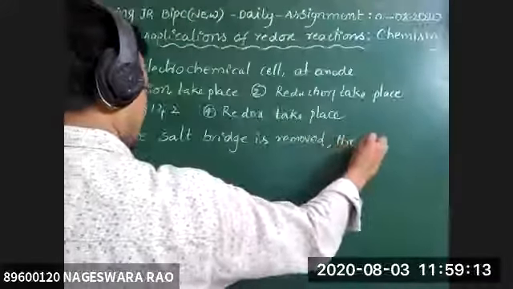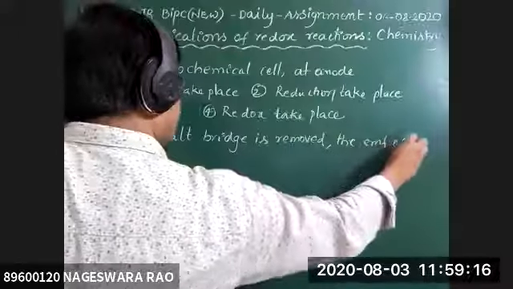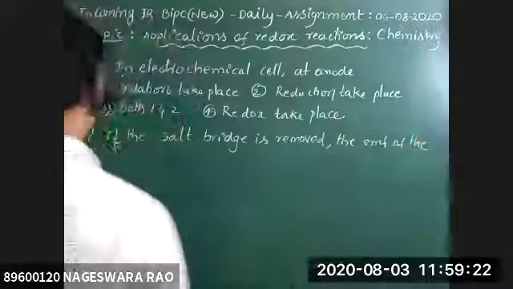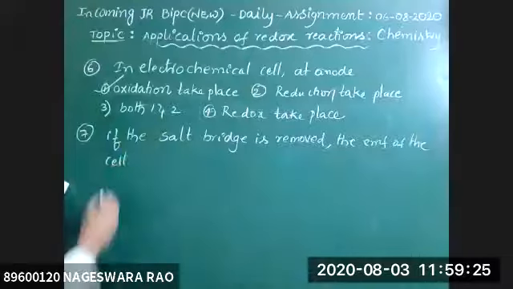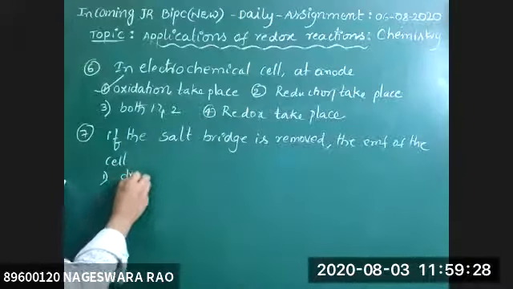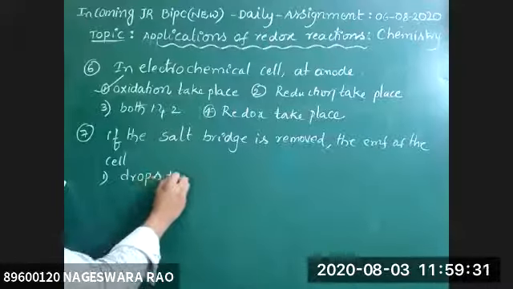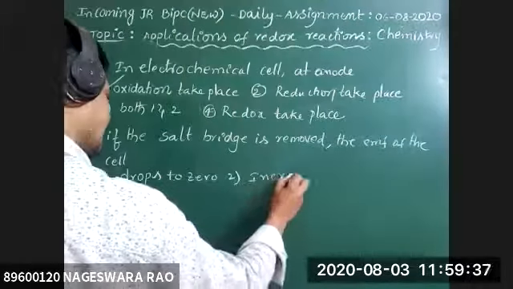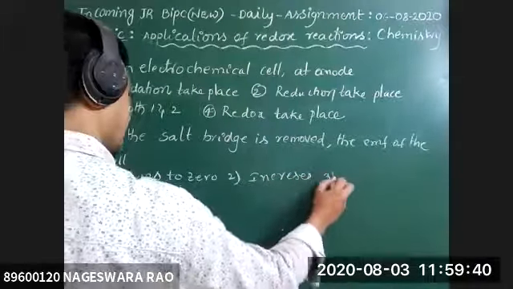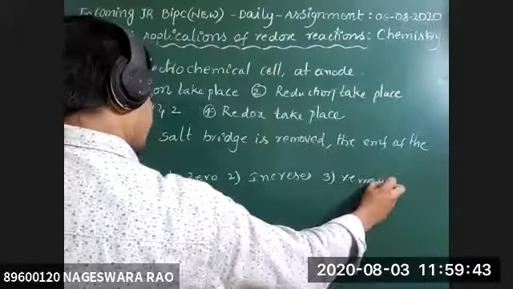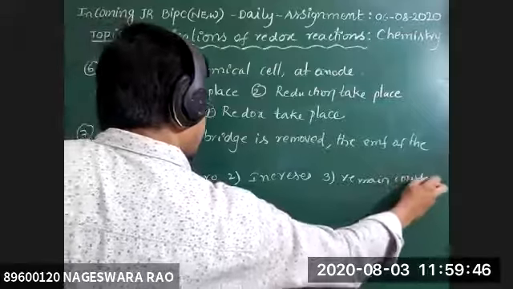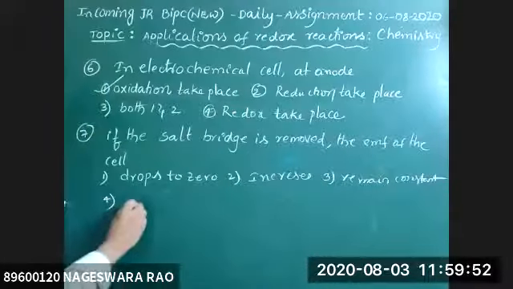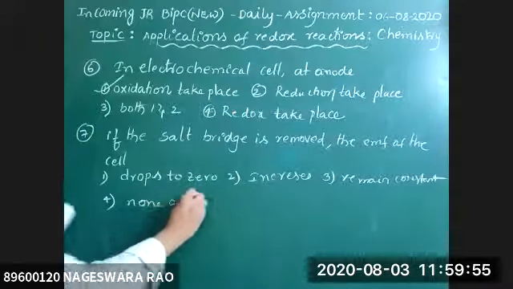The EMF of the cell: 1, drops to 0; 2, increases; 3, remains constant; and 4, none of the above.